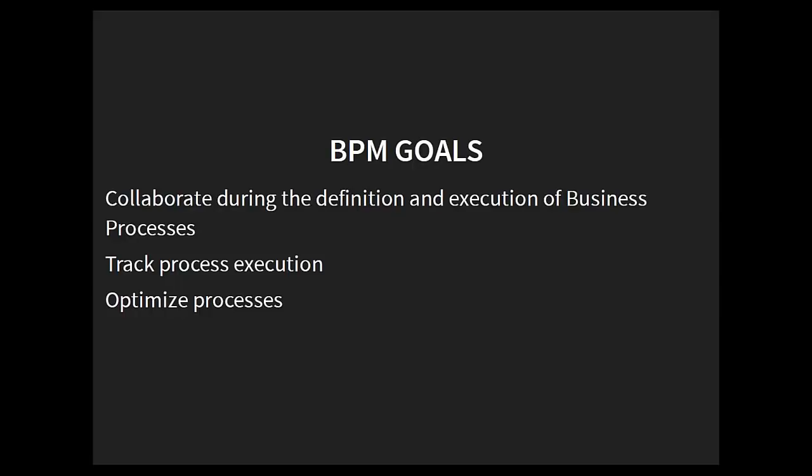As soon as you have something a bit more structured like that, and again, we are talking about processes here, you will be able to track this execution, and even monitor and optimize. So when we discuss BPM, most of the time we are thinking about process, but we are mainly thinking about iterations on this process.